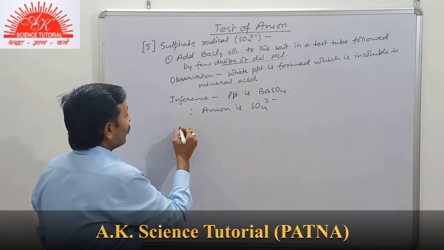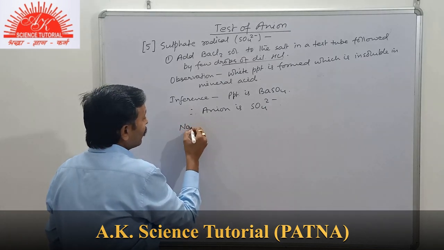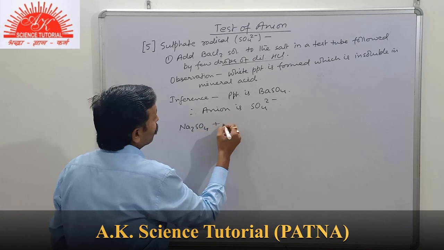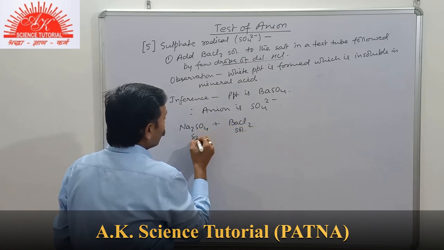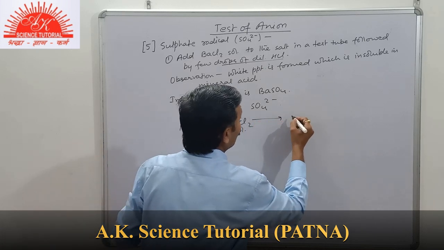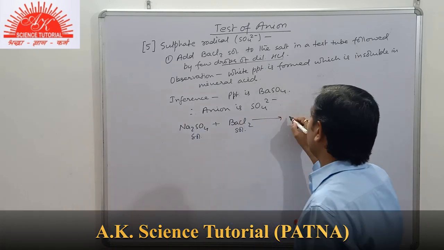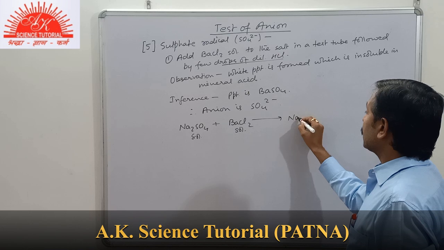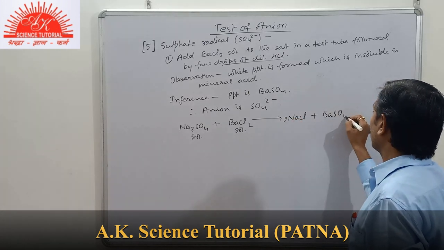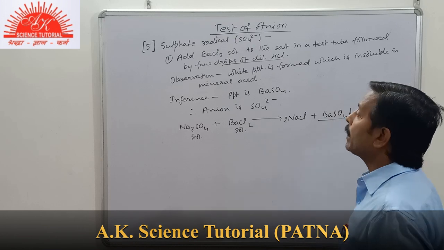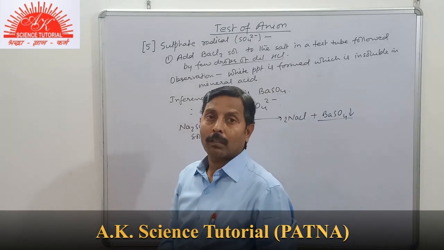Now the reaction is like, suppose we have Na2SO4 plus BaCl2. We should react it in solution state. So we see here it is NaCl plus BaSO4. So this is the white precipitate.